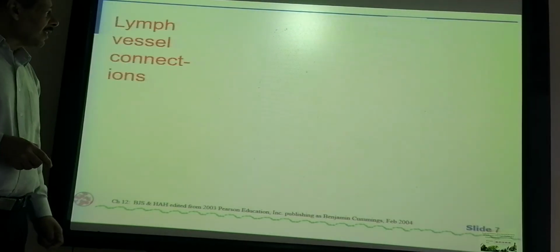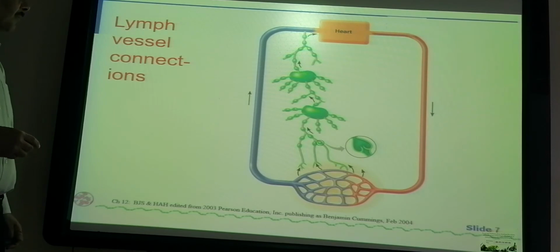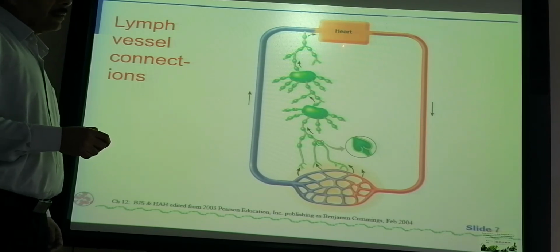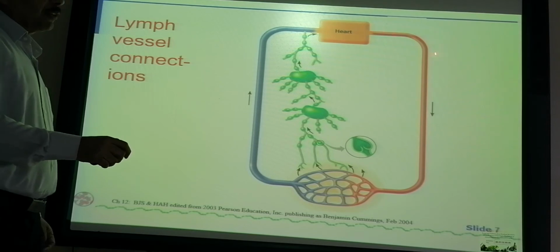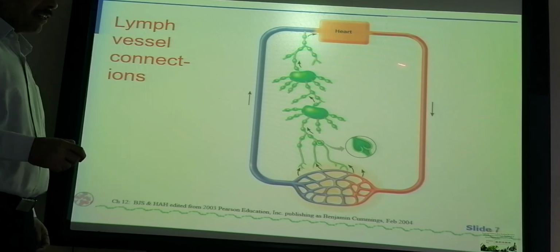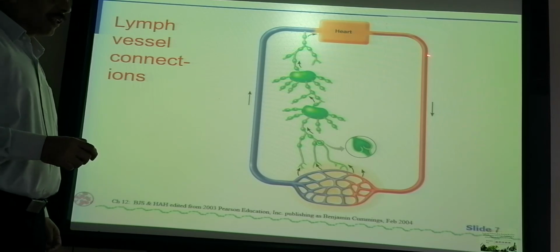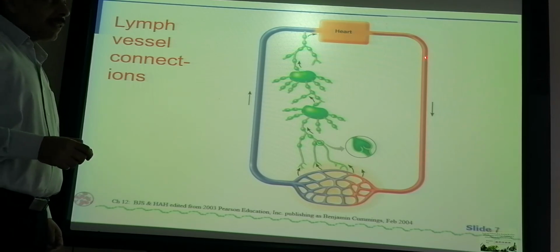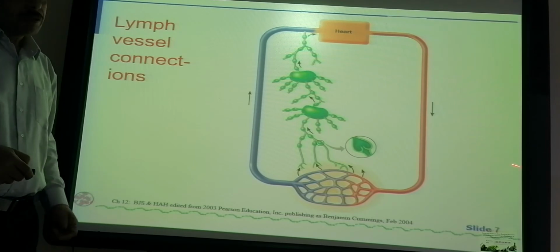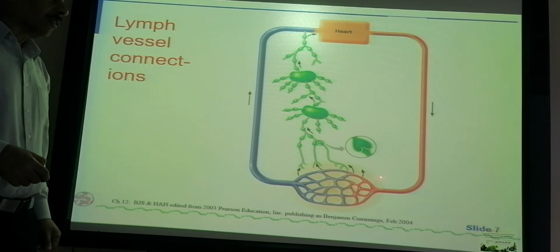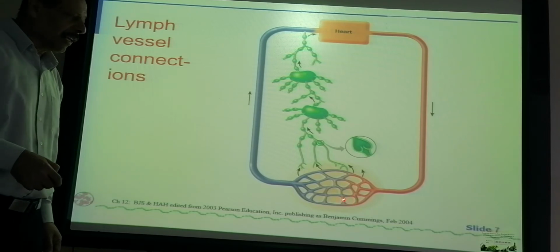So the lymphatic vessels connection, as we said before: this is the heart. The heart is pumping the blood through the main arteries, starting from the aorta, until it reaches several body tissues. At the end of the arterioles, there are capillaries.